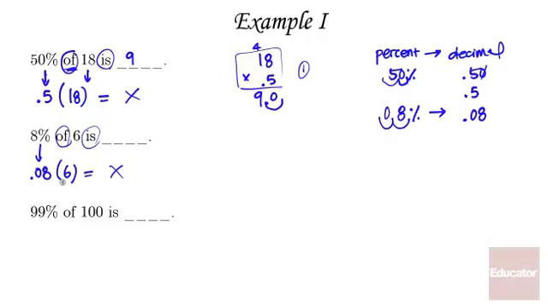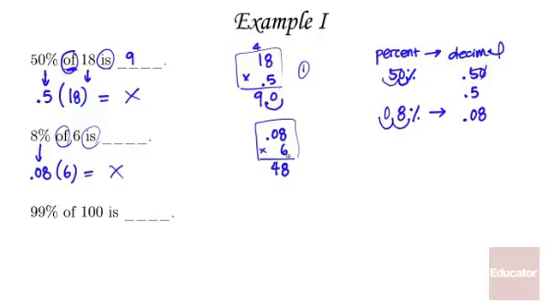So 0.08 times 6, 8 times 6 is 48. This is just 0, right? So how many numbers do I have behind the decimal point?